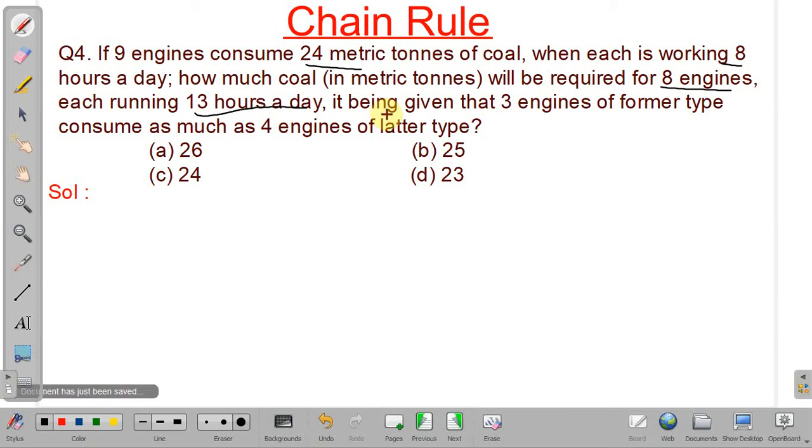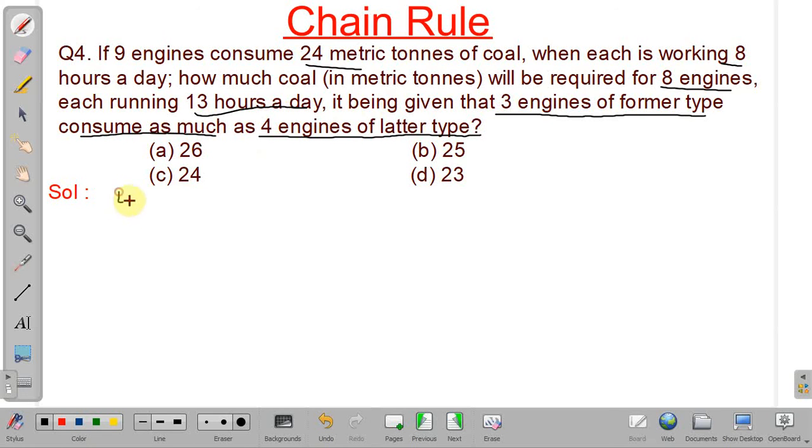Also, it is given that the second case engine and first case engines are different. So it is given three engines of former type, that is first type, consume as much as four engines of second type or latter type. So efficiency of both the engines will be different, so consumption rate will be different.